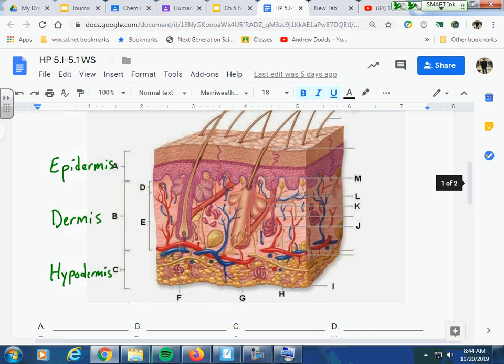D is the upper layer of the dermis, which is called the papillary layer. E is pointing to the reticular layer of the dermis.